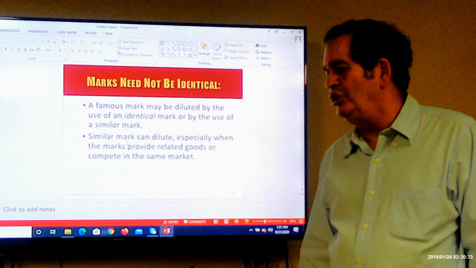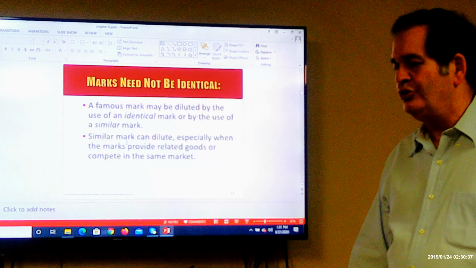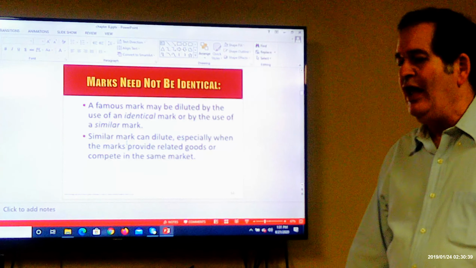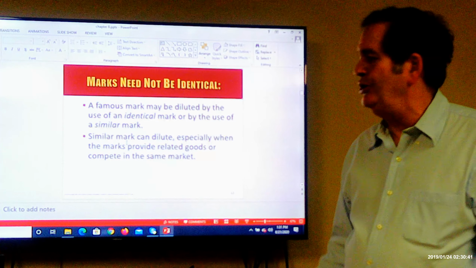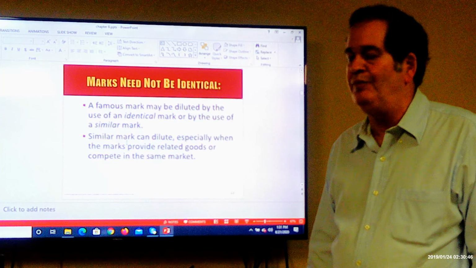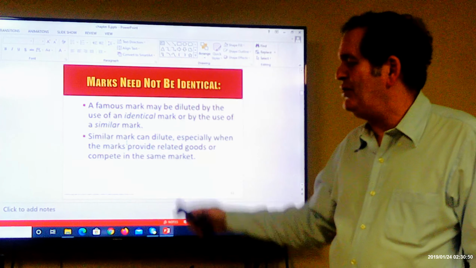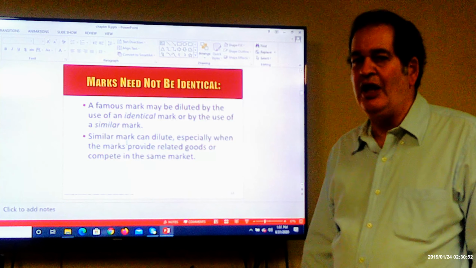So in order to dilute the mark and to infringe upon the owner's rights to that registered mark, it doesn't have to be an identical use as long as it's similar and it is likely to confuse the public. And especially if it's competing in the same market.